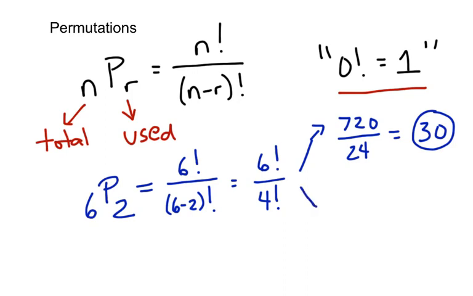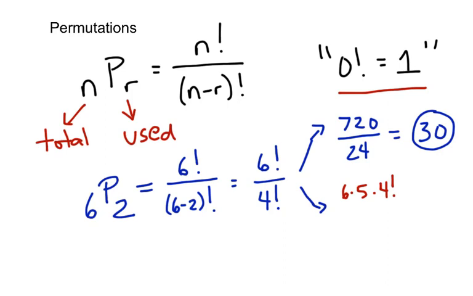Another approach that I kind of like here that might take a little getting used to, but it's pretty slick, is 6 factorial means 6 times 5 times 4 times 3 times 2 times 1, which I could write this way: 6 times 5 times 4 times 3 times 2 times 1.